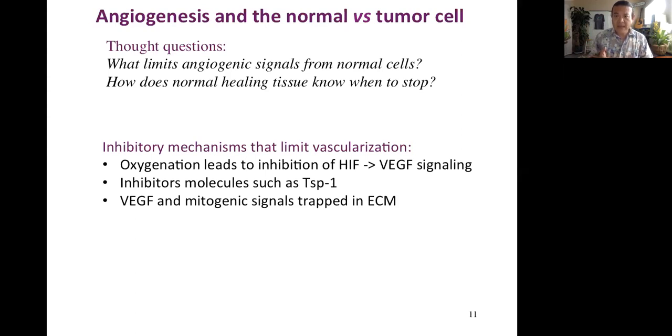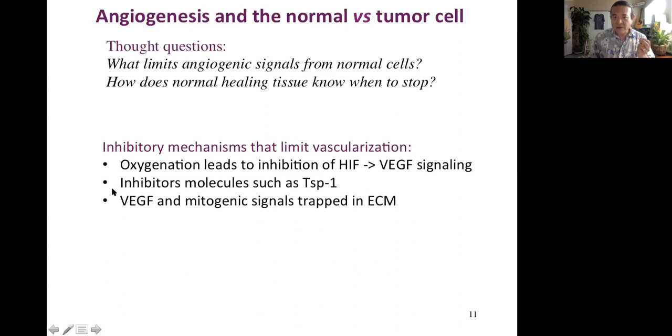So there are three main inhibitory mechanisms that we're going to talk about that limit vascularization and limit angiogenesis. And these have to do with the presence of enough oxygen reaching tissues, because obviously if enough oxygen is reaching tissues, then that could be used as a sign that you don't need to have more capillaries growing.